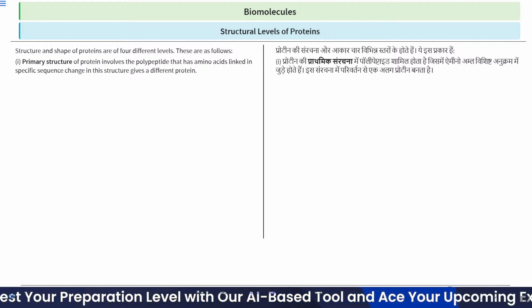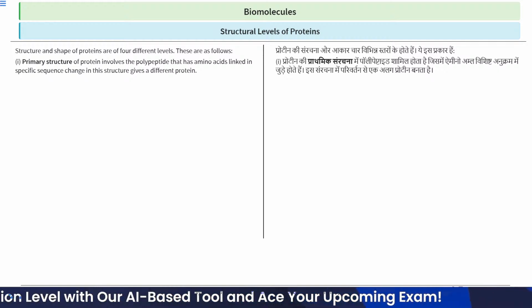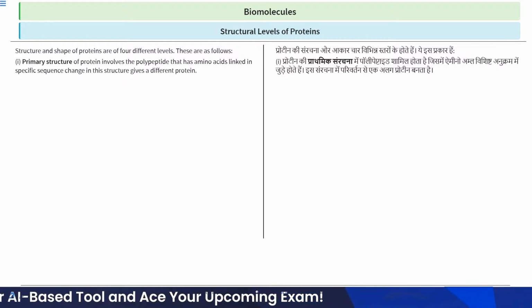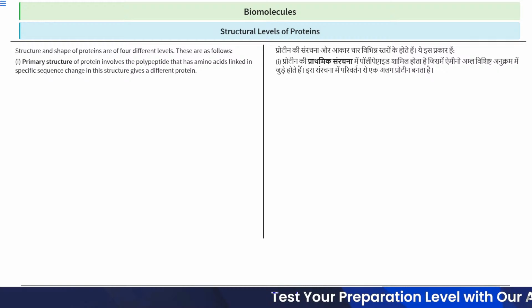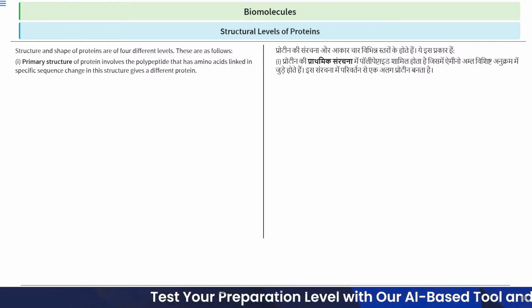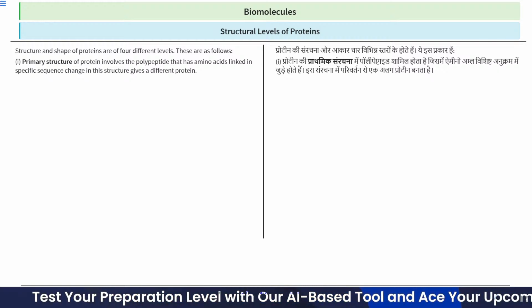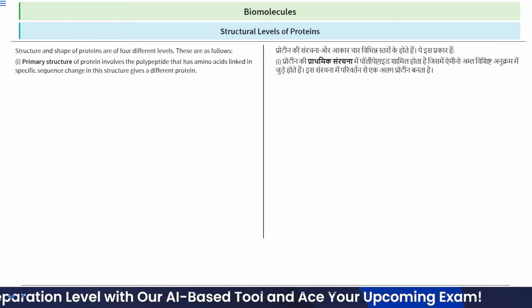A change in this structure gives a different protein. So basically, in the primary structure, the amino acids in the polypeptide are linked in a specific sequence. If you change that sequence, you will get a different protein. That is known as primary structure.